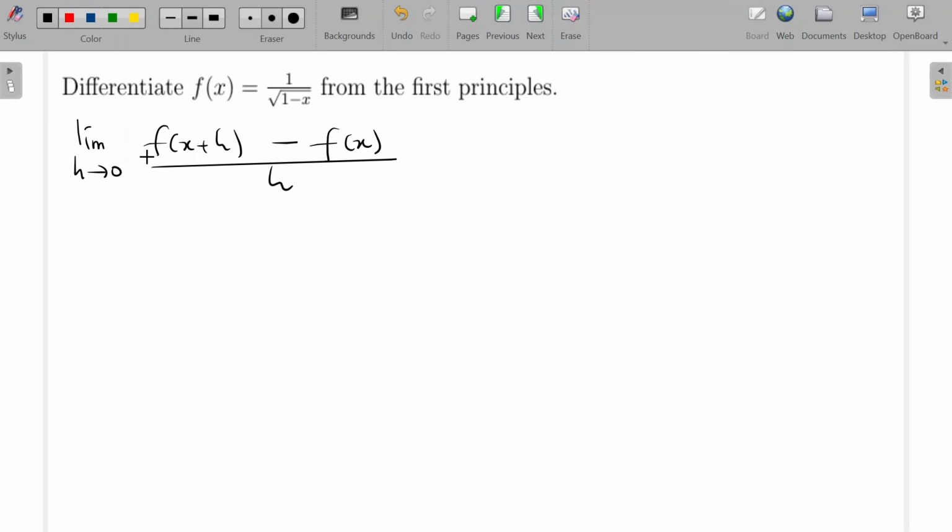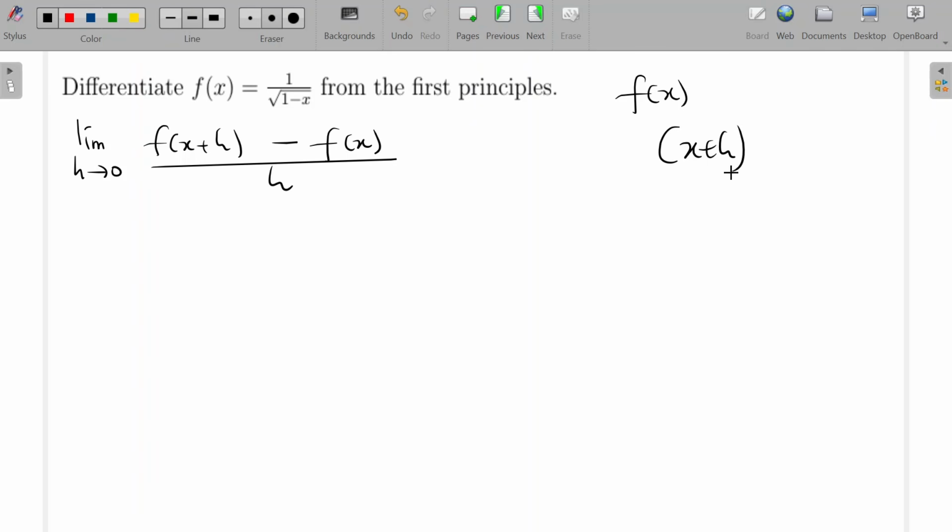Don't get confused: f of x plus h just means that we replace. For example, if you have f of x, then you replace with f of a, meaning that where there's x, you replace with a. So if you have x plus h, where there's x, you replace with x plus h.